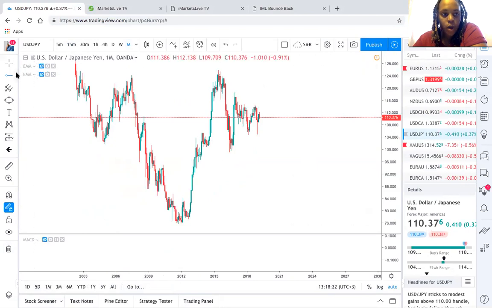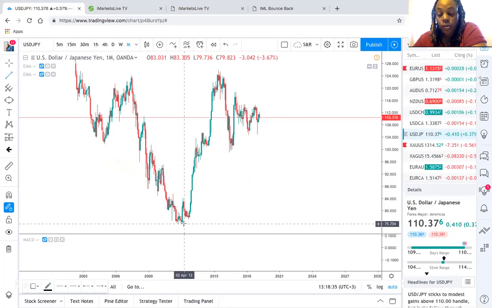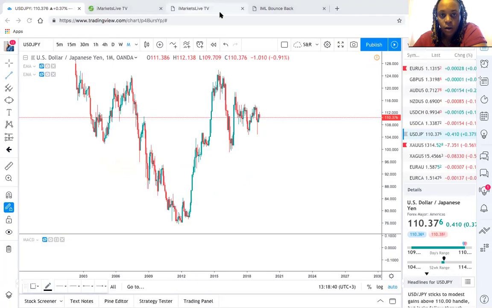So what I do, and what I would encourage you to do, is to come to the monthly, and we're gonna box price all the way in until we get down to the 4-hour time frame, which is where the trade was called, right?